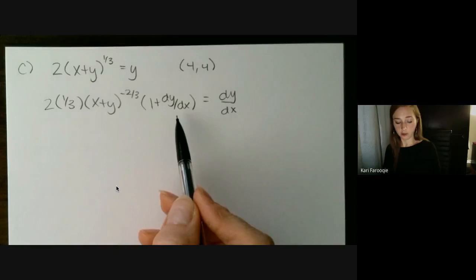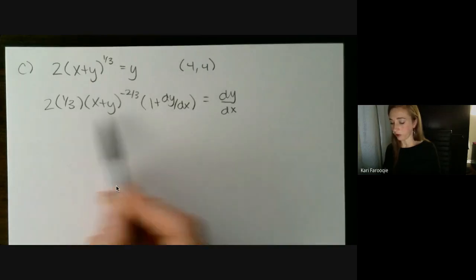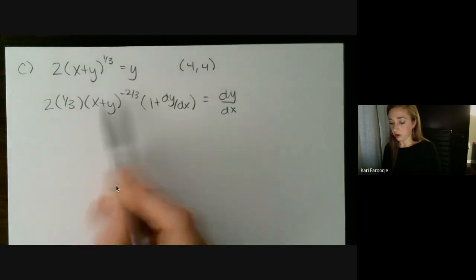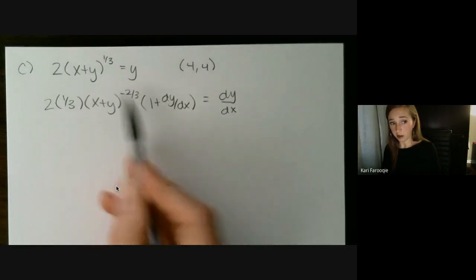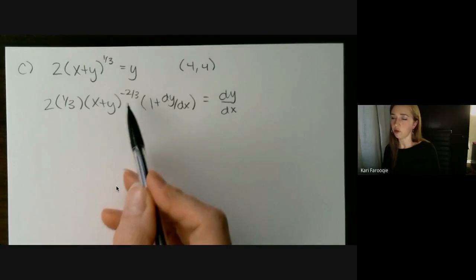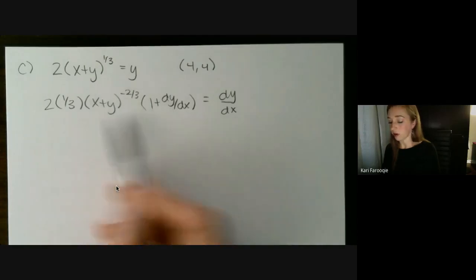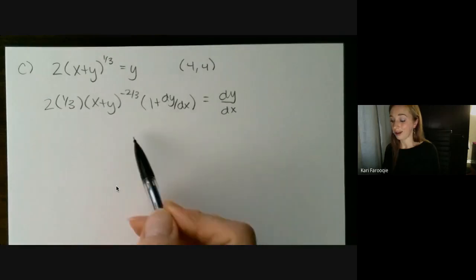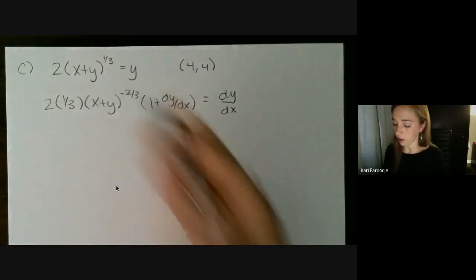Now, it is up to you how you would like to write your function. If you are struggling with it in the numerator, you might want to make it a positive exponent and push it down into the denominator. It might be helpful. I'm going to do that, I think.